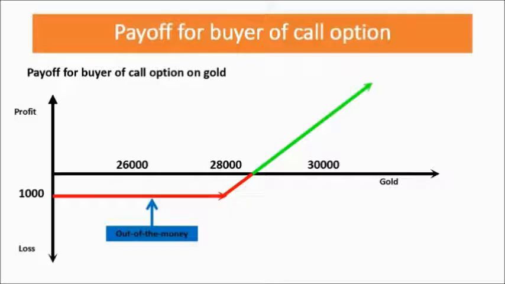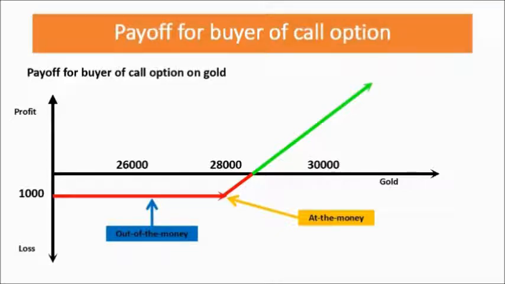So it is called an out of the money option, meaning there is a negative cash outcome if he tries to exercise it. But in future, if the gold price reaches 28,000, meaning today's market price is 28,000, and the strike price at which this buyer has bought is also 28,000, then that scenario is called at the money.